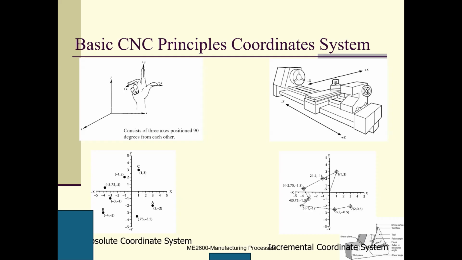So this is the first point, 1, 3. The second point is 2. From here to here, in X minus 2 and in Y minus 1. So this is the increment.